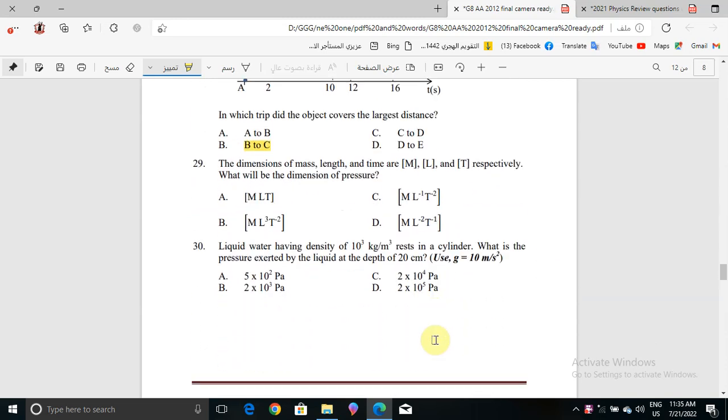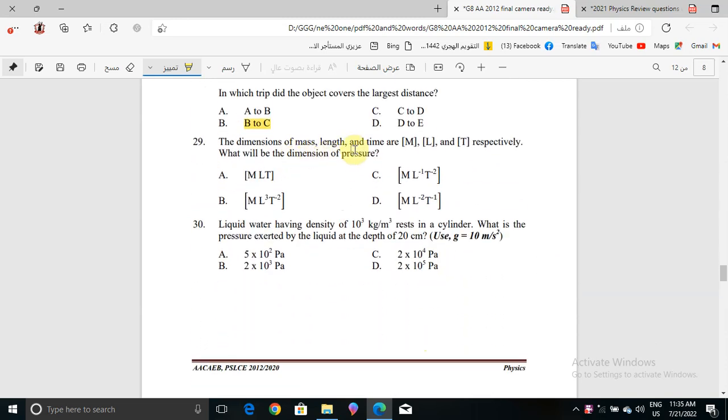Now question number 29. The dimensions of mass, length, and time are M, L, and T respectively. What will be the dimension of pressure? So let's do it together to know the dimension of pressure. Here, pressure is equal to force over area, right? Force over area.